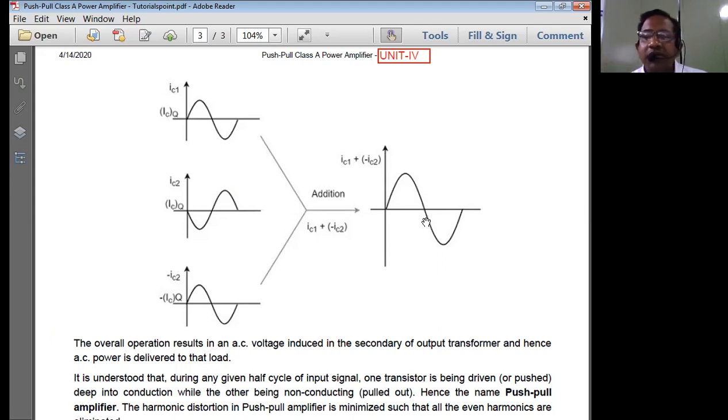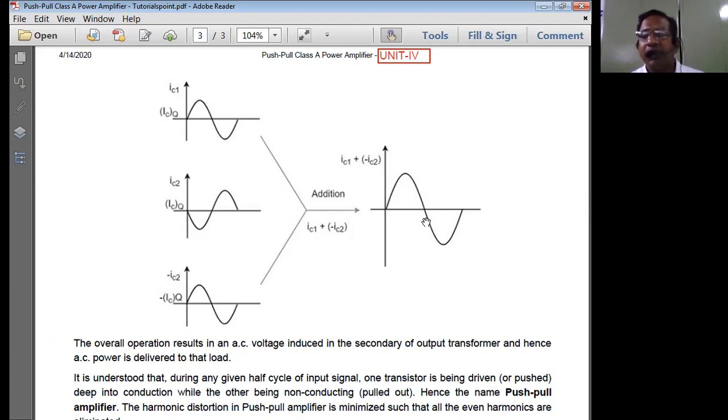If you compromise on the peak-to-peak voltage of the output signal, on the push-pull definition itself, on the weight of the system, on the cost of the system, then definitely you can make a trial with the class A push-pull type of power amplifier.